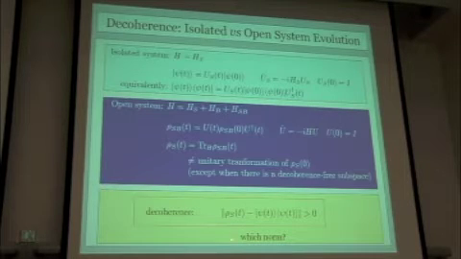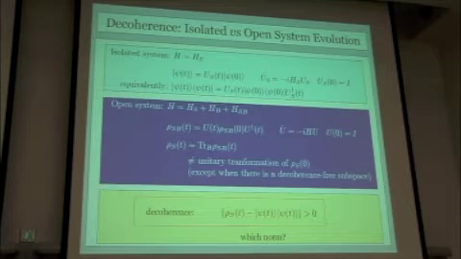Equivalently, I can say that decoherence is the scenario where the norm difference between the actual system state, the one that we get from the actual dynamics, including the system-bath coupling, minus the state that we would get from ideal dynamics, is non-zero, greater than zero. All right, so this is decoherence, when this difference is actually greater than zero.